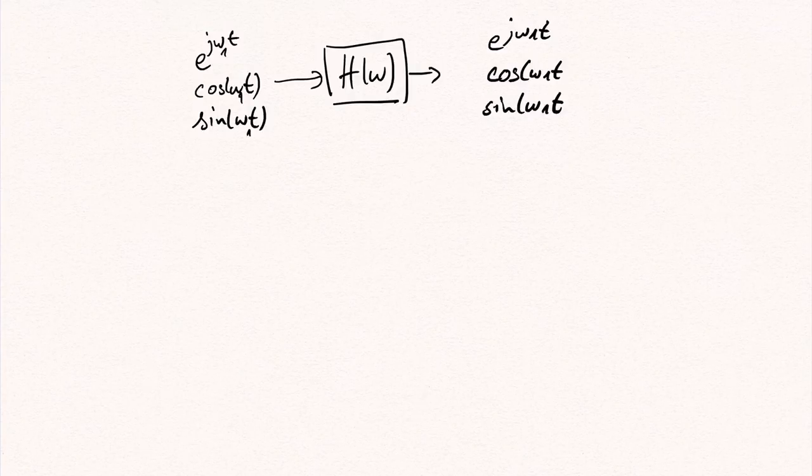So the scaling is always given by the magnitude of H of omega at this frequency, here omega 1, and the phase shift is always going to be the phase angle of H of omega for omega equals omega 1.